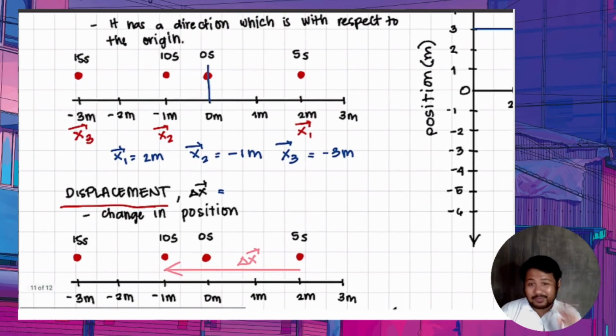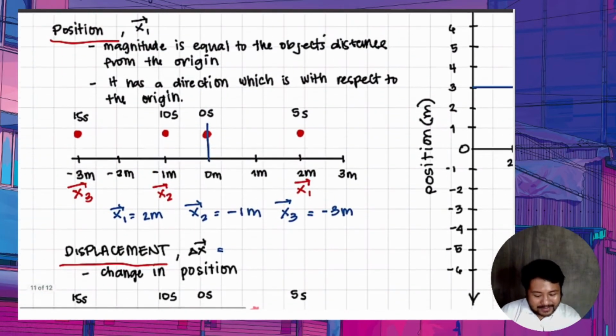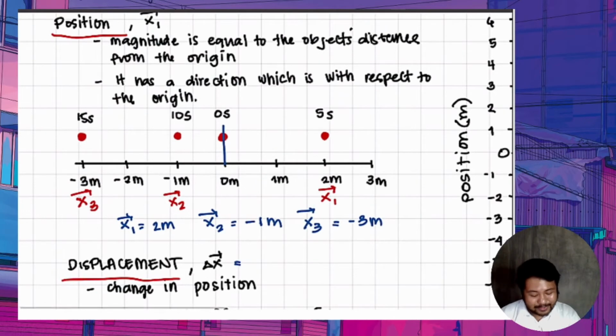Now, before I go to the next one, let's have the position vector na naman. Position vector muna. The position vector is measured from the origin. So, ang position vector natin, x1, is galing kay origin, going kay 2 meters. That is your position vector x1. And then, position vector x2, still from the origin.